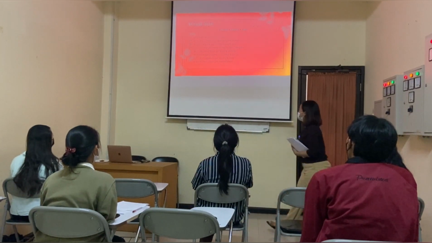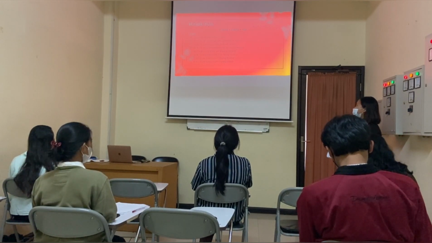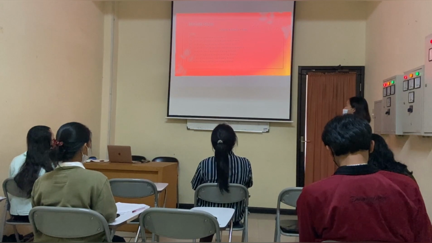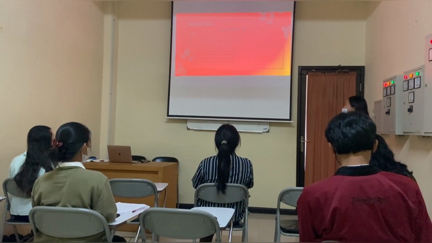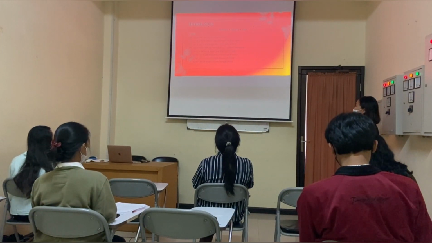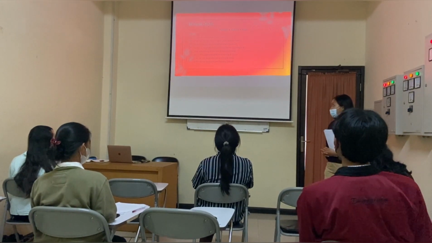The next one is the pattern of British style. The pattern of telling time in British style is minutes followed by past or to, and then the hour. For example, to say pukul 2 tepat, you say it's 2 o'clock.